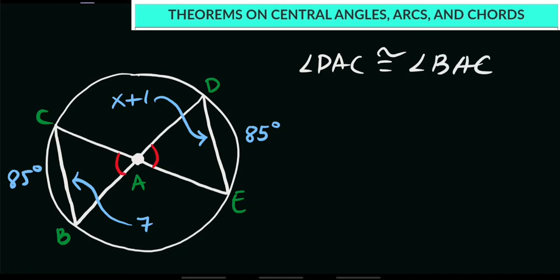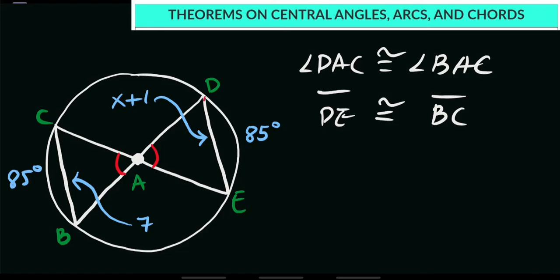Therefore, according to our theorem, chord DE is congruent to line segment BC. Again, if central angles are congruent, then their corresponding chords or arcs are congruent.